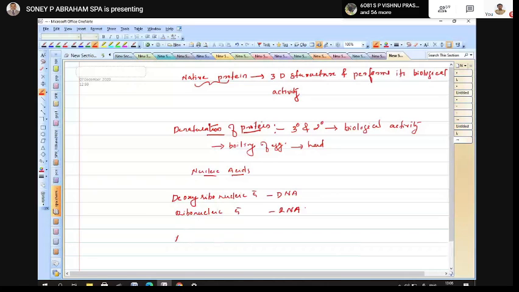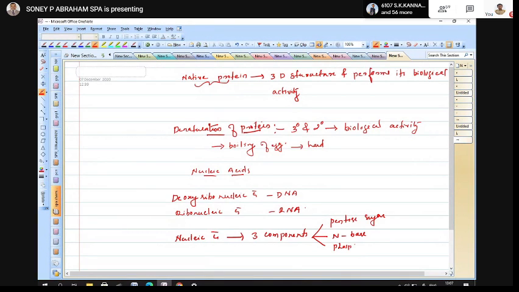You will have a pentose sugar, then a nitrogen base, and third, a phosphoric acid group. So these are the three components of a nucleic acid.